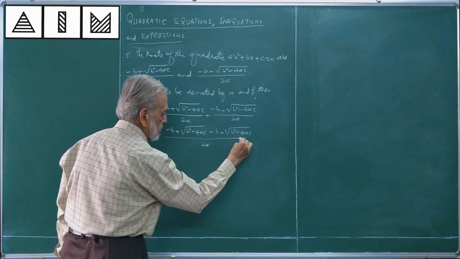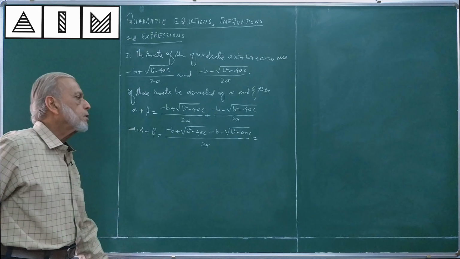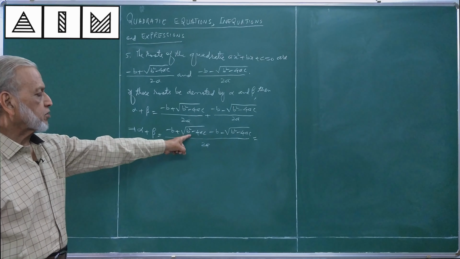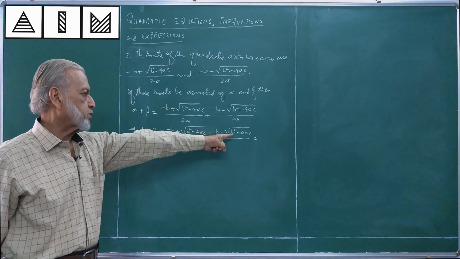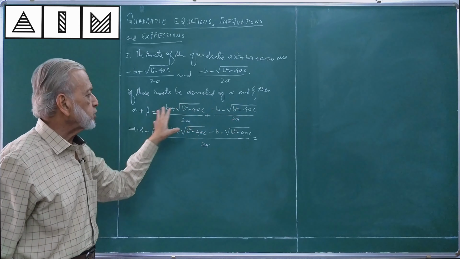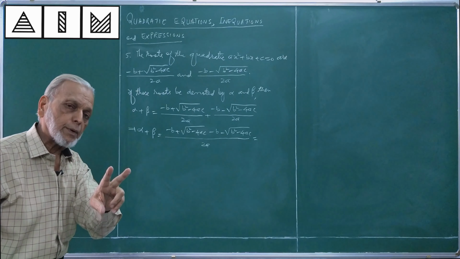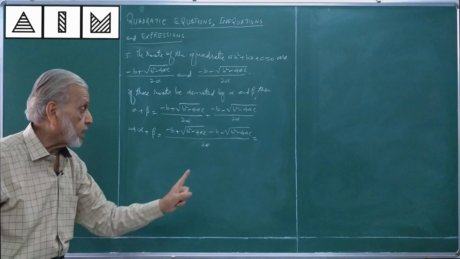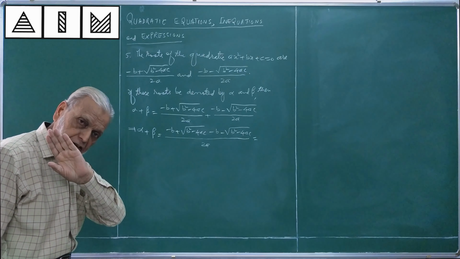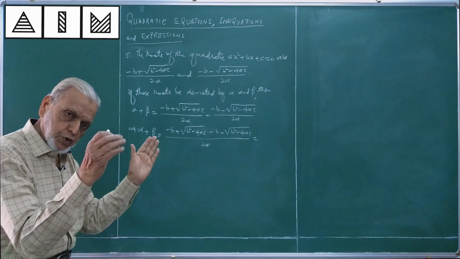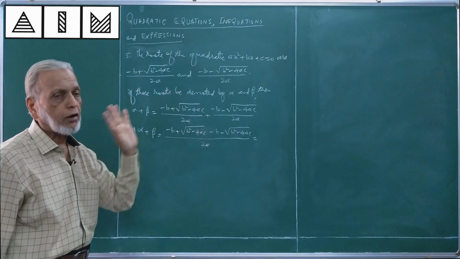So clear, there is nothing to explain here. Minus b plus square root of b square minus 4ac minus b minus square root of b square minus 4ac. By joining two fractions of common denominator, don't wrongly say I have taken LCM. I have not taken LCM. I have just joined two fractions of common denominator.